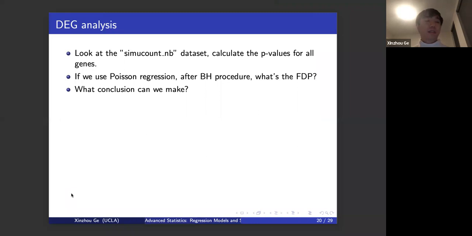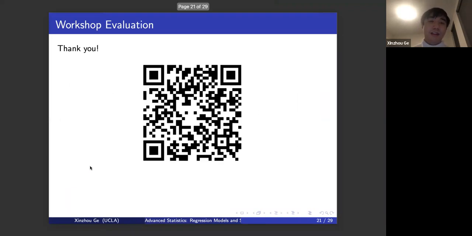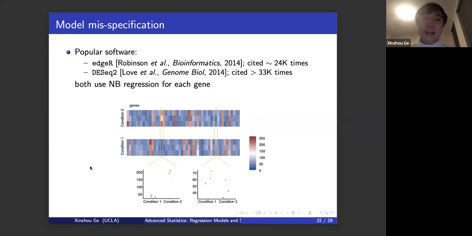Okay, so let's go to our last part, which is about statistical rigor. As we have just discussed, there have been many popular software packages proposed for the analysis. So we don't need to run those Poisson regression or negative binomial regression ourselves.